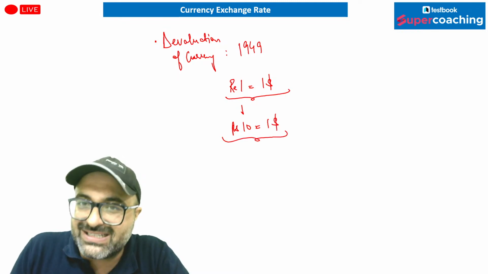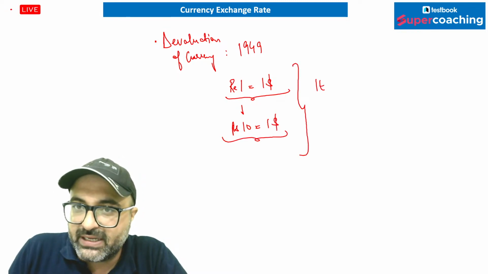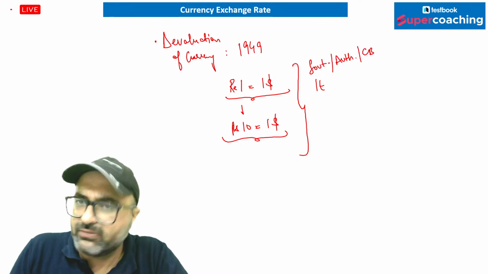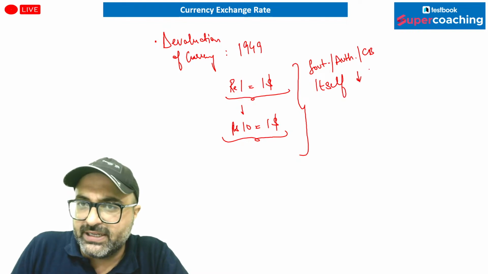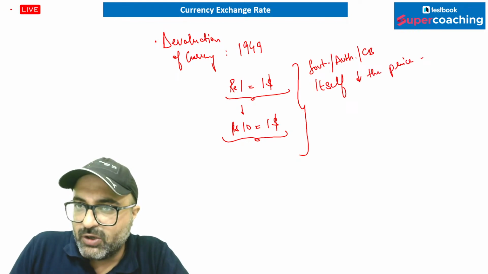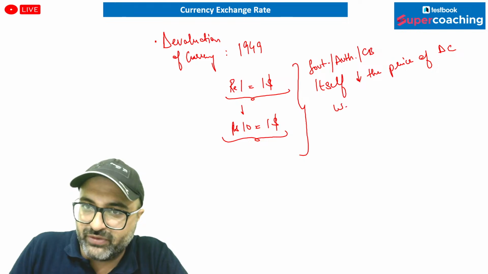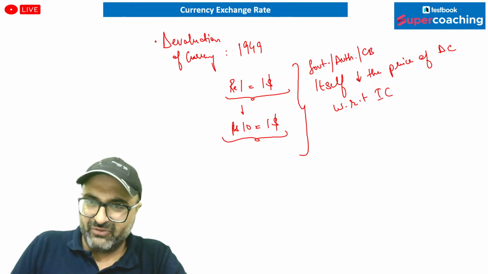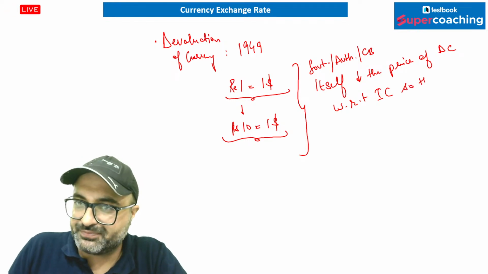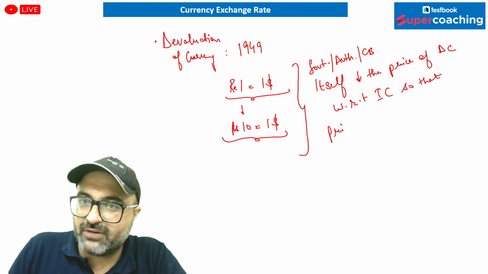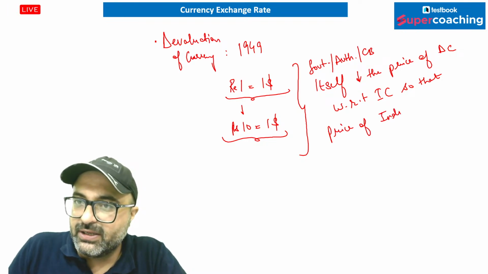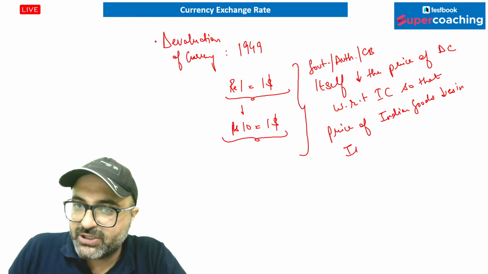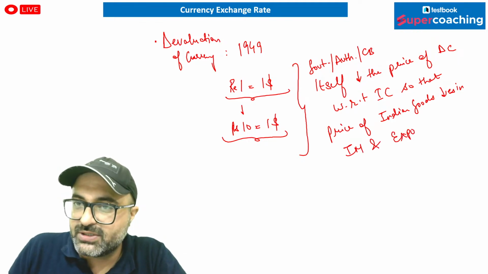So the government itself, please pay attention, the government or authority or central bank, whichever is responsible, itself decreases the price of domestic currency with respect to international currency, so that the price of Indian goods decreases in the international market and exports should increase.